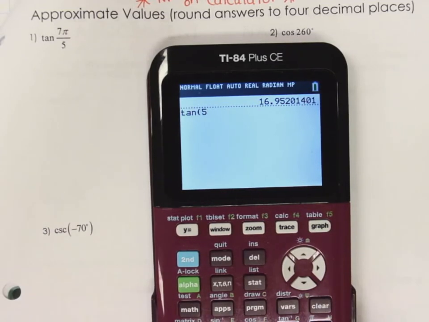So tan of 7 pi divided by 5, and you want to use your pi button. I'm going to close my brackets. It's really important. Some calculators will take tan of 7 pi, figure that out, and then divide the answer by 5.